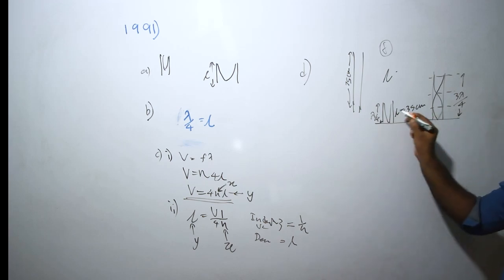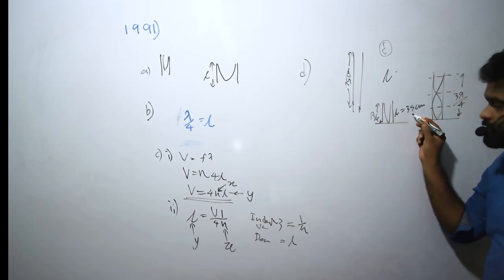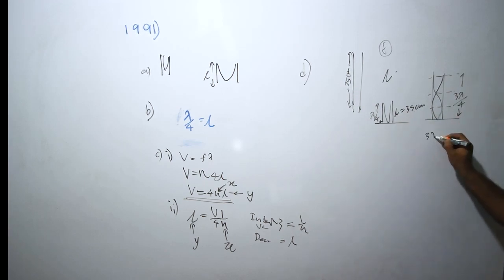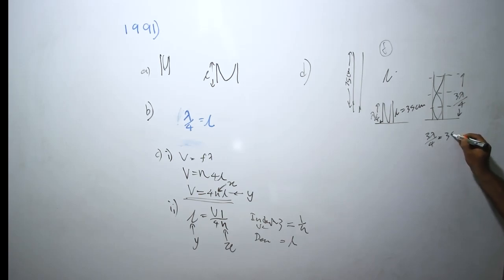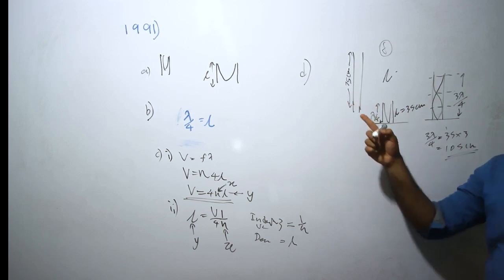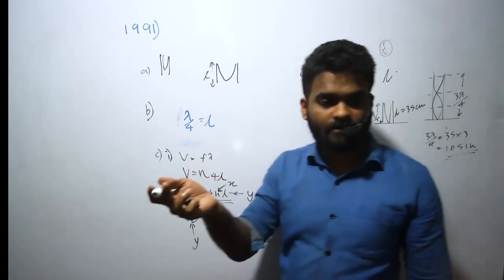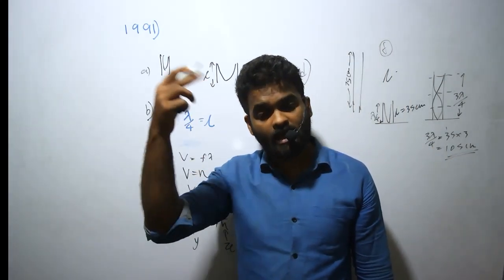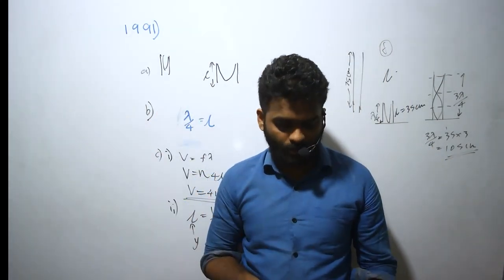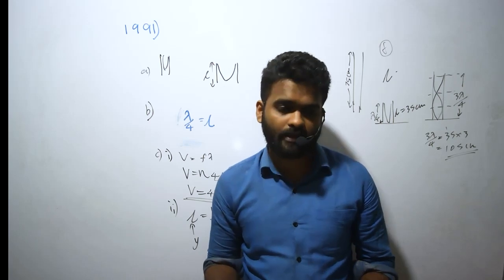Lambda over 4 length is 35 centimeters. What is 3 lambda over 4? It is 35 times 3, which is 105 centimeters. So 75 centimeters is not enough. The next resonance length is 105 centimeters, so obviously it is not enough.